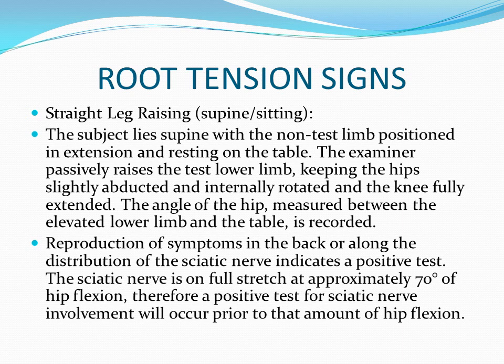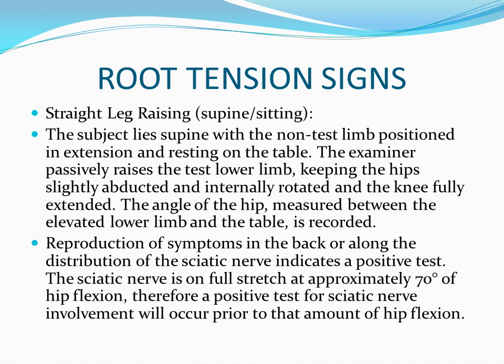Now, according to some studies, and I'll tell you what the AMA guides say here in just a minute, the sciatic nerve is on its full stretch, maximum tension at approximately 70 degrees of hip flexion. Therefore, a positive test for sciatic nerve involvement will occur prior to that amount of hip flexion.